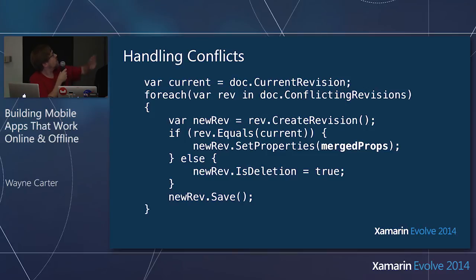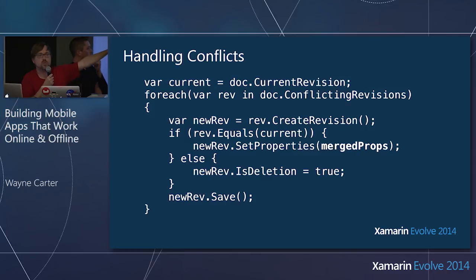So here's how we handle the conflicts. This looks a little verbose, and partly it's because we lost the syntax highlighting. But what we do is we provide to you the conflicting revisions with the bodies of all their key value pairs and everything. And you go through and you create a new revision. It's like doing a merge commit in Git. So we create a new revision, and we say, okay, we're just going to pick one as the reference point.